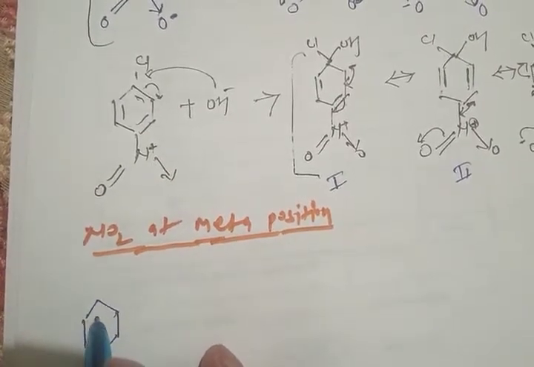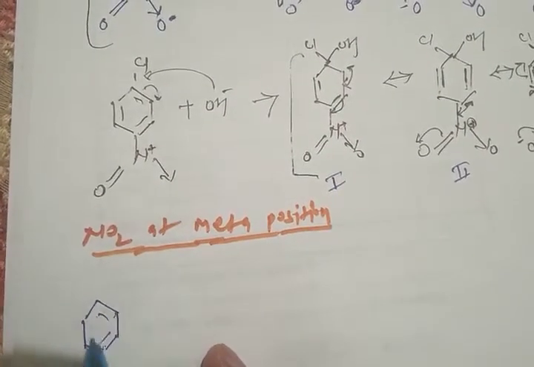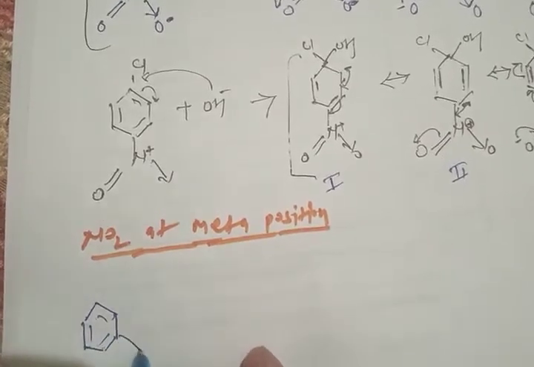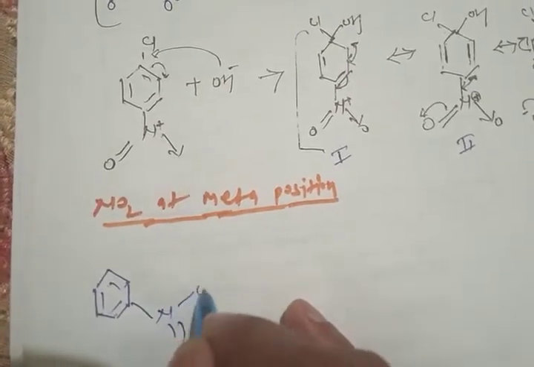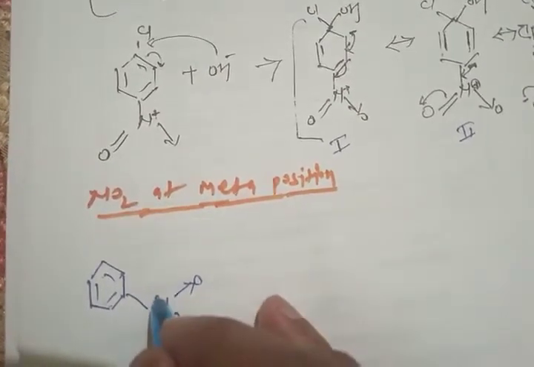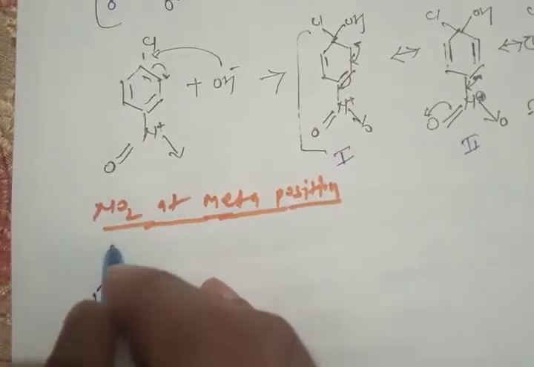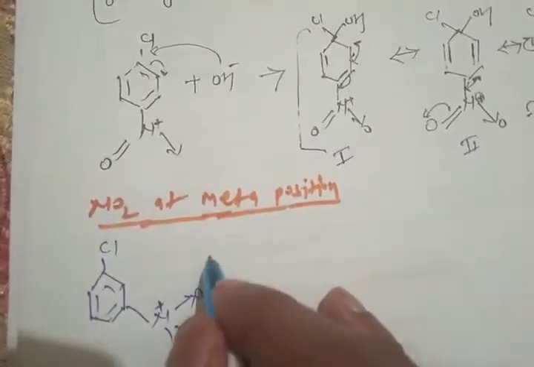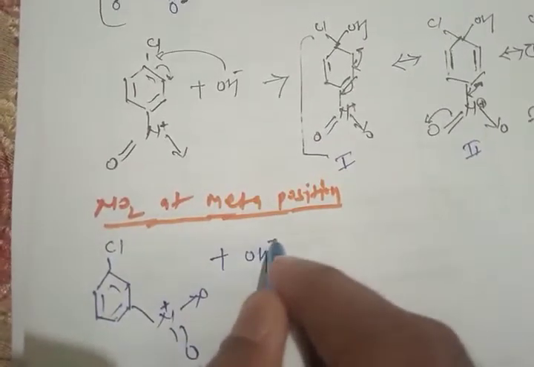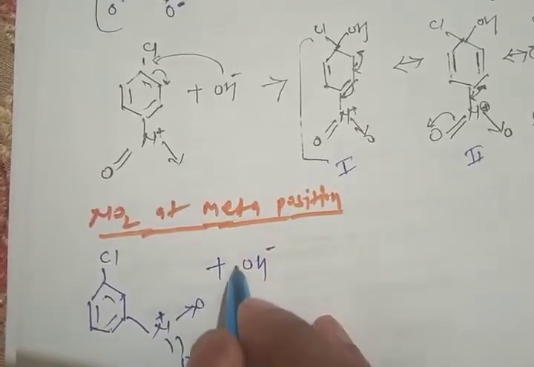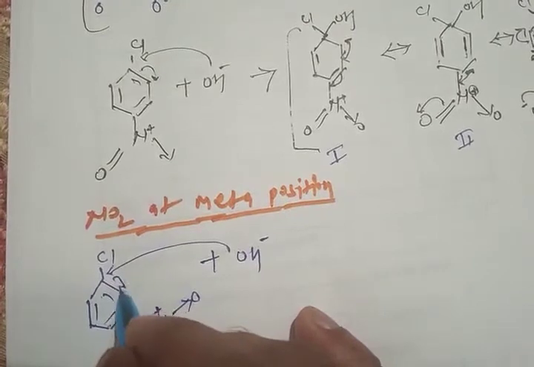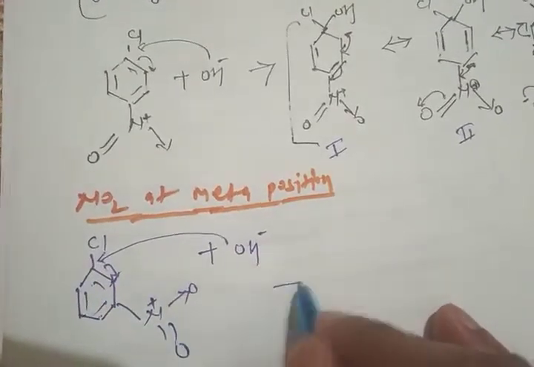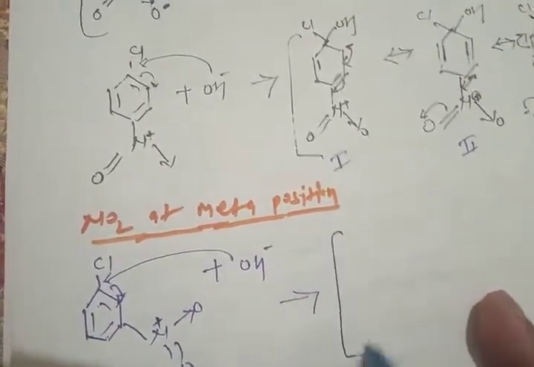So this is the structure of meta-nitrochlorobenzene. Okay, and then we have a nucleophile. So again the same thing will happen. This nucleophile will attach to this, this will move to this side, and now I'm drawing the resonating structure.